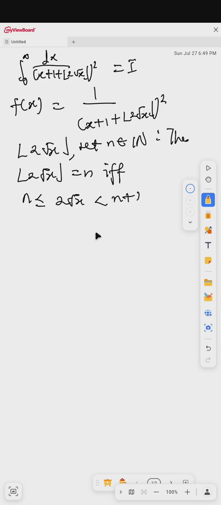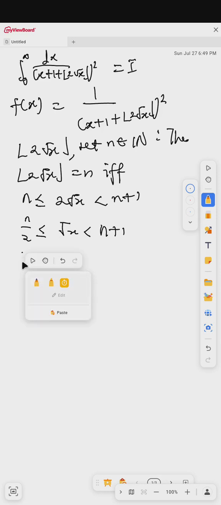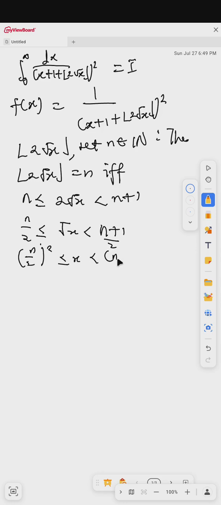So you can divide through by 2. Then we have n over 2 is less than or equal to square root of x, which is less than (n plus 1) over 2. The next thing is to square everything. So squaring, we have (n over 2) raised to the power of 2 is less than or equal to x, which is less than ((n plus 1) over 2) raised to the power of 2.